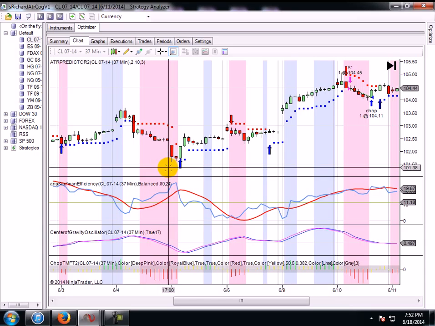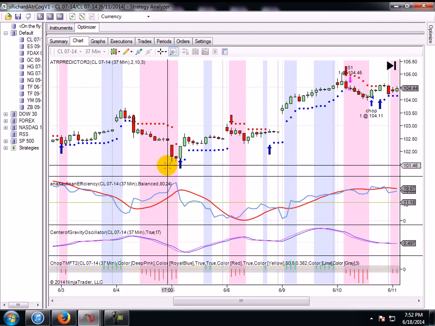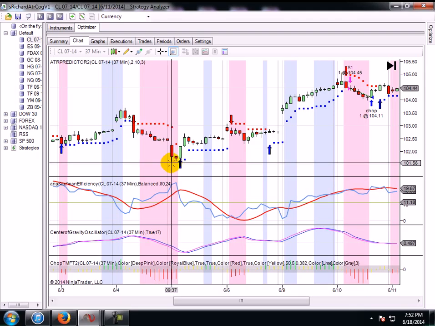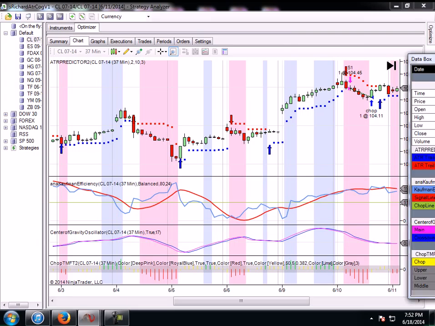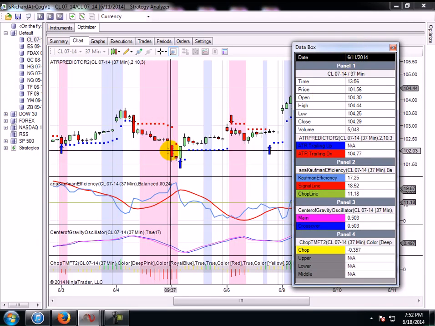But it looks like it might have come back in over here. Again, short. The curve conditions are met. The CGO's in accordance. I'd have to pull up the data box. That might stay in that trade for 1 bar. If we get back in over here, that value is 0.357.